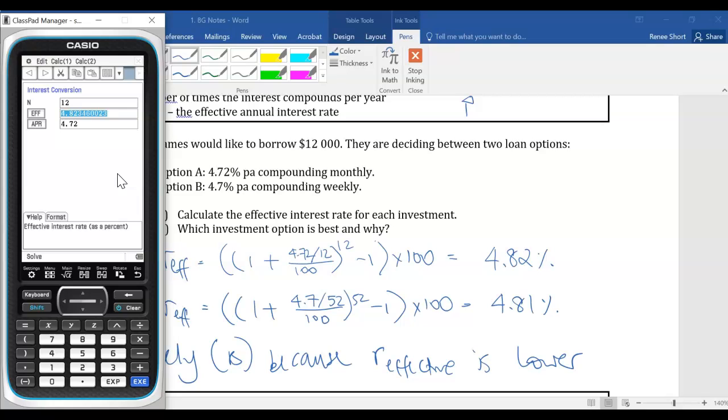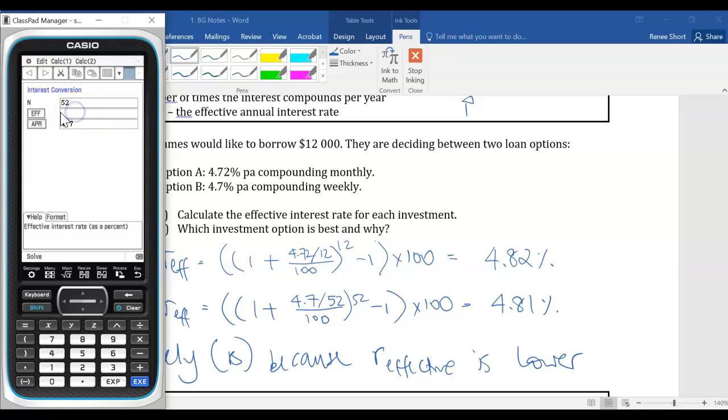We can then change this and do the same thing for part B. If you like, you can go edit and press clear page and that'll just delete it all, or you can just type over whatever's in there. We're going to change N now to be 52 because it's compounding weekly. That 4.7%, again, that's my nominal rate, so that's going to go in the third box in APR, so I'm going to put 4.7 there.